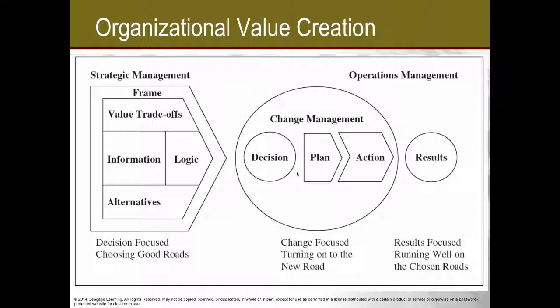So it's decision focused, so it makes decisions, like choosing a good road. So for example, in strategic management, we are talking about different roads. The strategic management side says, okay, what is the good road to take?